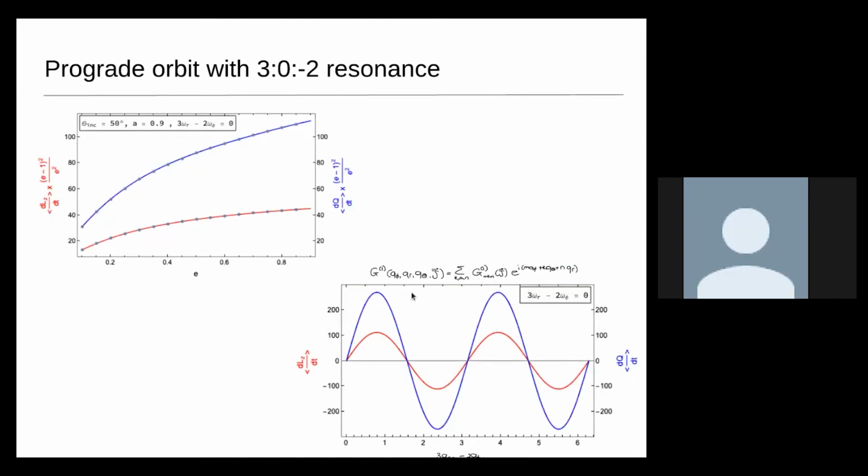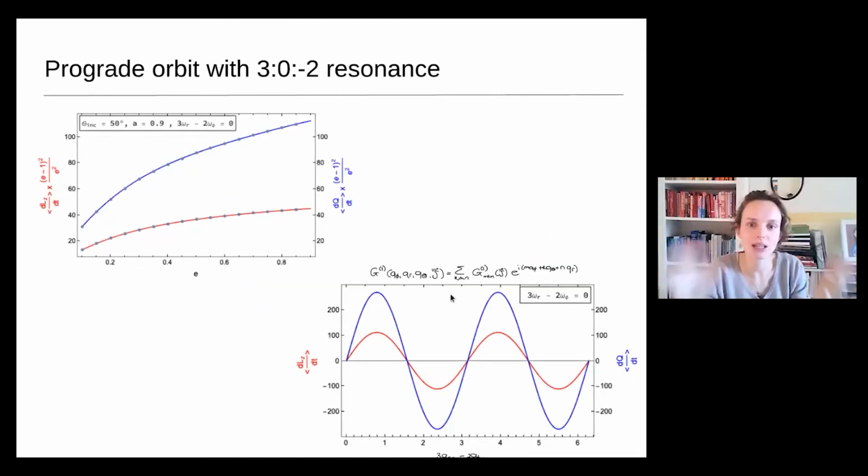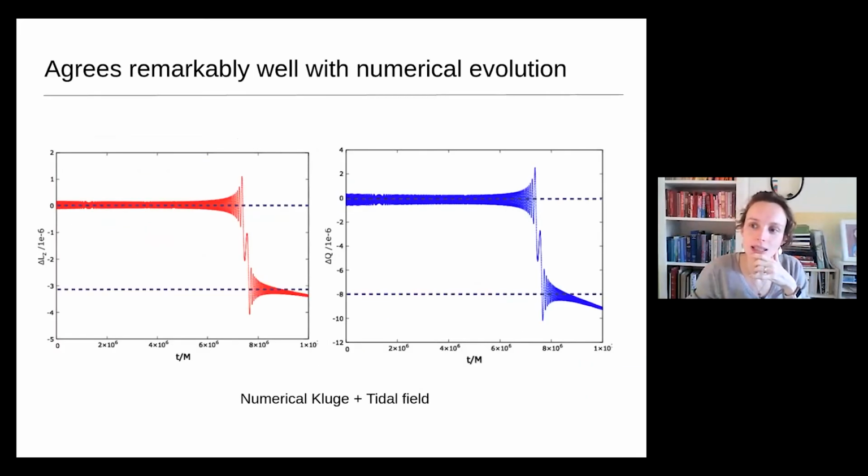So what we then decided to do: these calculations are semi-analytic, to most extent. They are done using some approximations and in Mathematica to do the numerical integrations, but they are essentially semi-analytic. What we did is we compared these also with the case where we had a numerical kludge model that evolved the orbits, and we included the tidal field all throughout its evolution.